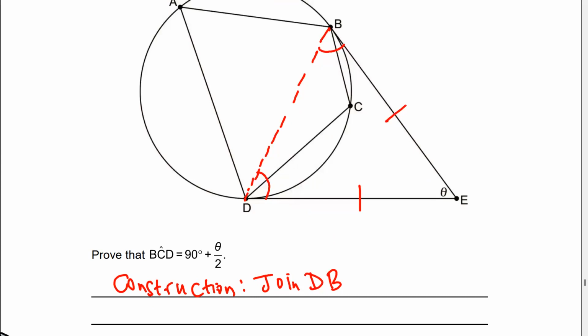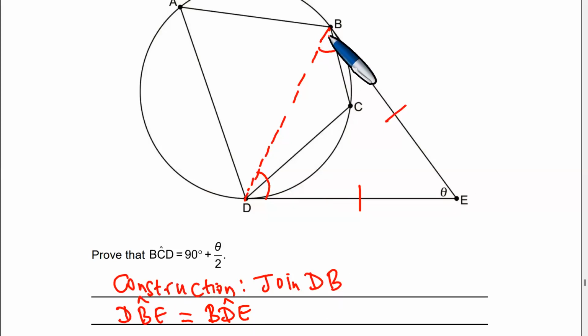We can see that angle DBE is equal to angle BDE, because this triangle here is an isosceles triangle.